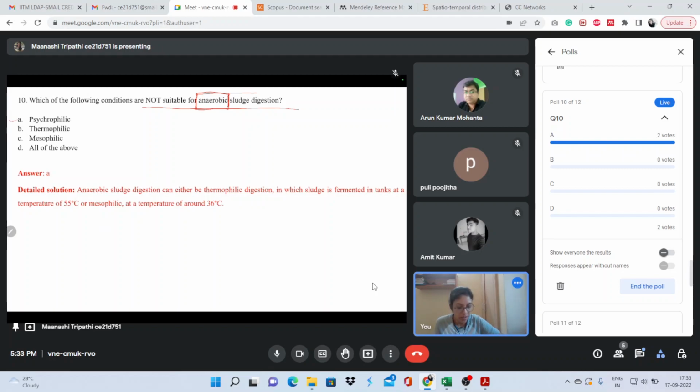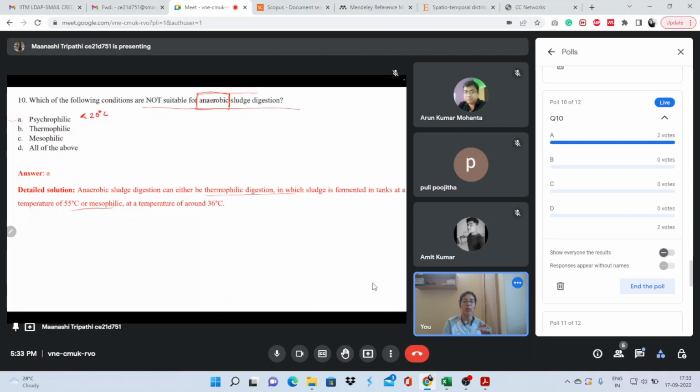So anaerobic sludge digestion can either be thermophilic or mesophilic. Never psychrophilic. Psychrophilic temperature means almost 20 degrees Celsius. So this is quite cold. Very few microorganisms can work in this temperature range. That is why we put things in the fridge, so that the microorganisms are not able to react on those foods.